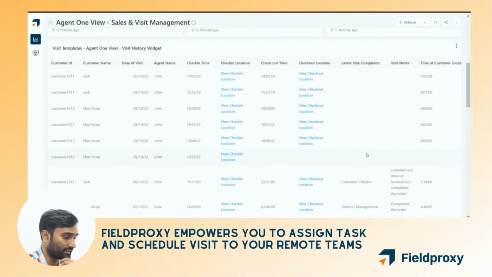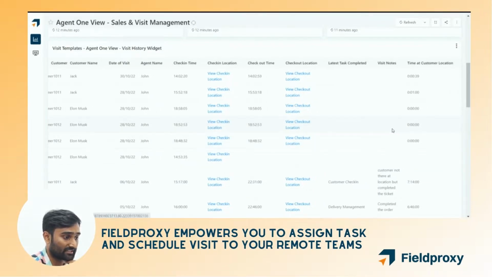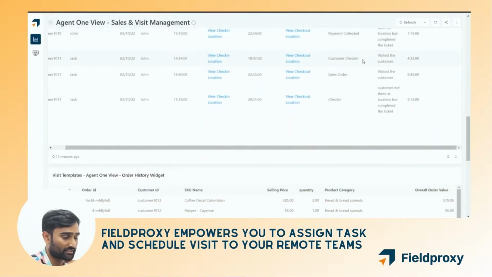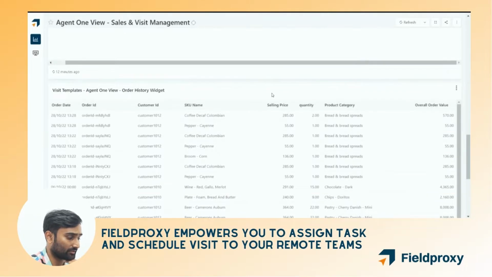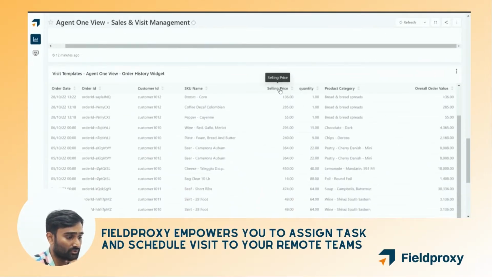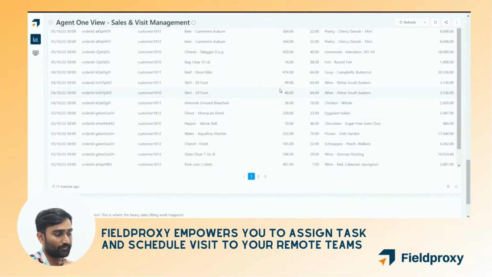If you go further down, you can see in much more depth what is happening around your teams, like the locations they're checking in and checking out, the time at the location, and checkout timings. The orders collected customer-wise are also reflected in this dashboard.